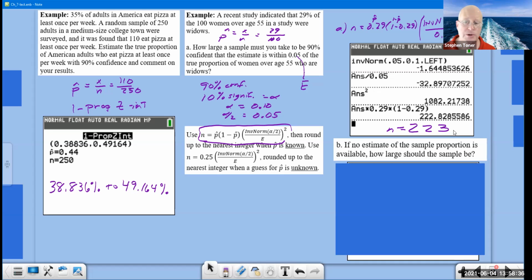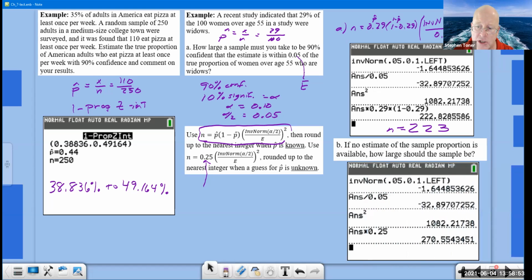Now, how would you do this if no estimate was available to you? So here we have the problem where you're going to use the one with the 0.25 in front. Every single beginning step is going to be the same. The only thing that's going to change is down here at the bottom row. Notice the 1082 is the same in the first 3 steps.